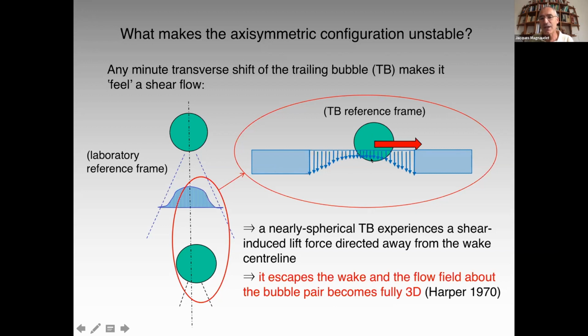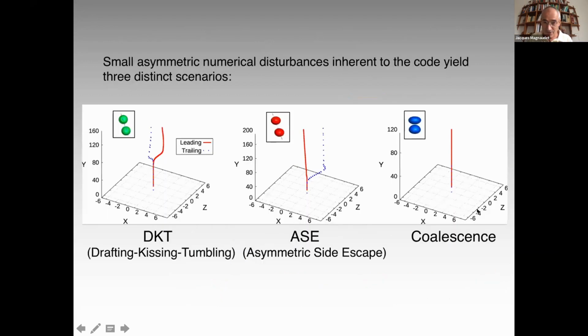And in this situation, with the relative flow going down, it's known that for a spherical or nearly spherical bubble, there is a lateral or lift force going, in this case, from left to right. So this force tends to remove the trailing bubble from the wake of the leading bubble. And because of this, the axisymmetric configuration is unstable. So this is the mechanism which is at play.